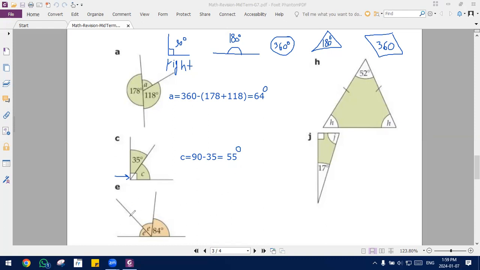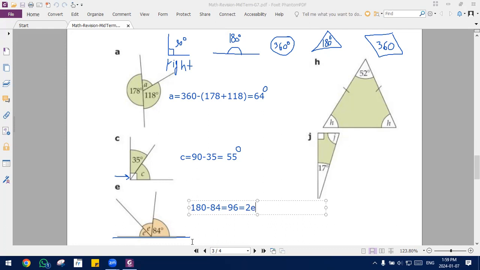Now, question E, part E. We have a straight line angle, as you can see. So the sum here is 180. So we do 180 minus 84 equal to 96. But that 96 is equal to what? Is equal to 2E.